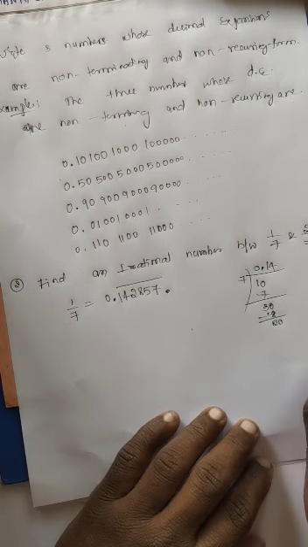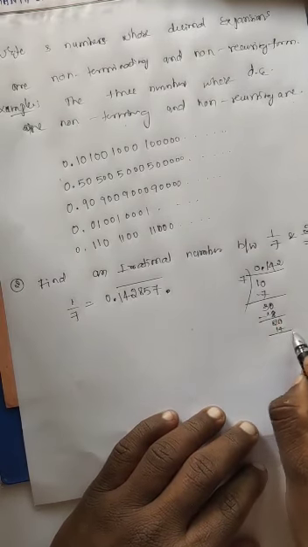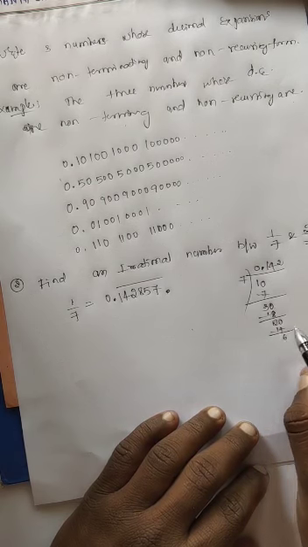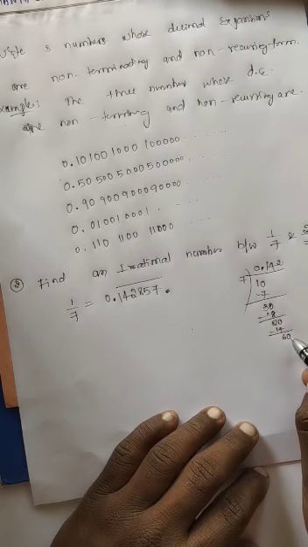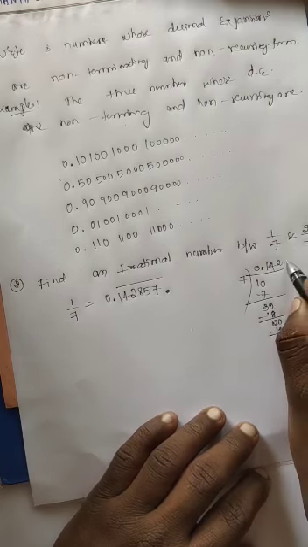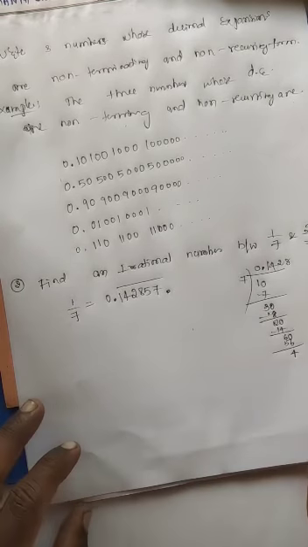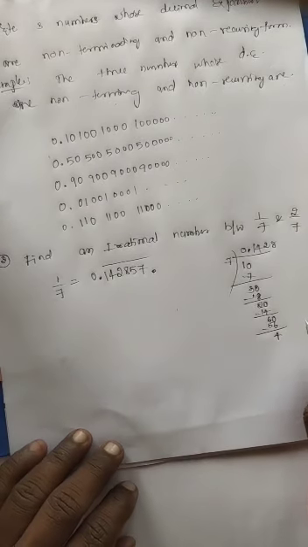Then 2 becomes 20, 7 twos are 14, and 20 minus 14 is 6. 6 becomes 60, 7 eights are 56, and the remainder is 4 after subtraction.